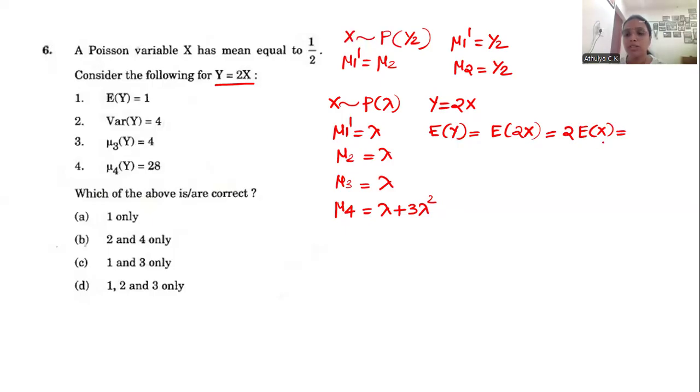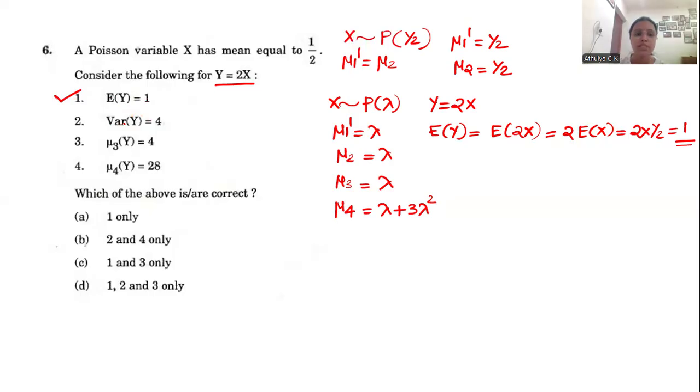We know the expected value of x is already given, mu1 dash is equal to 1 by 2. So the expected value of y will be 2 into 1 by 2, which is equal to 1. So we get the mean of y as 1, and the first statement is correct.